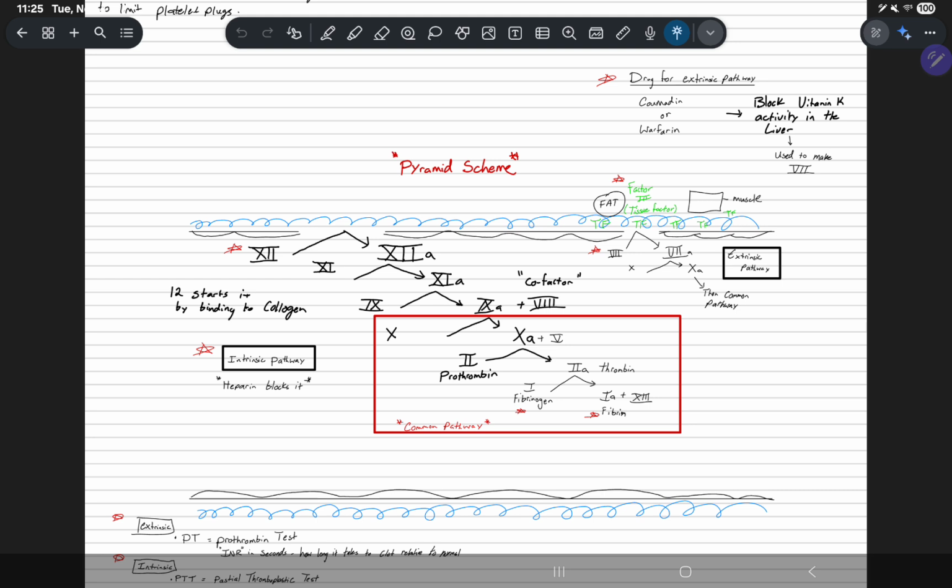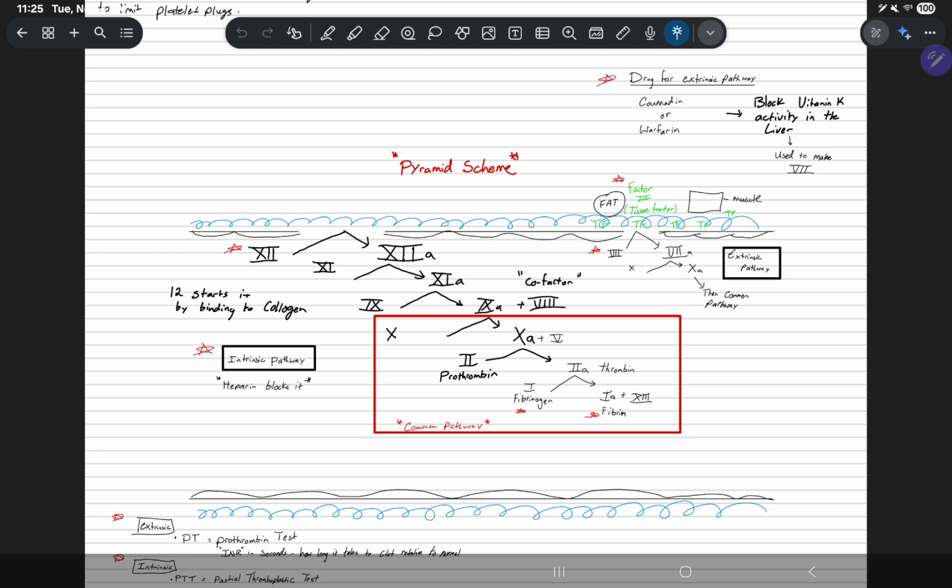The intrinsic pathway is going to deal with factor 12, and this starts by binding to collagen. It's going to go from 12 to 12A, then 11 is going to come in and go from 11 to 11A, then 9 is going to come in and go from 9 to 9A with a cofactor from 8, cofactor 8, I believe.